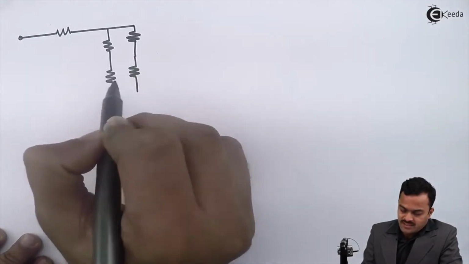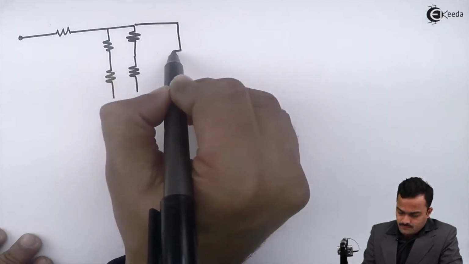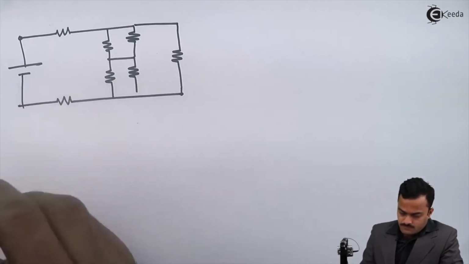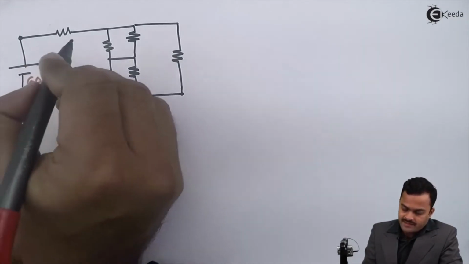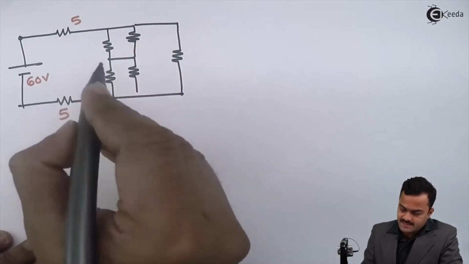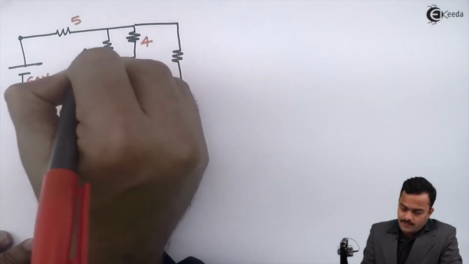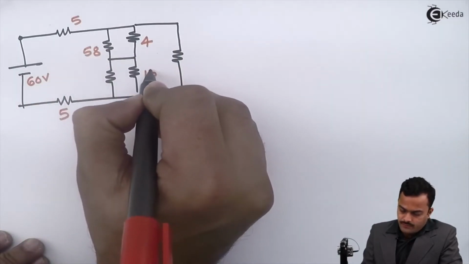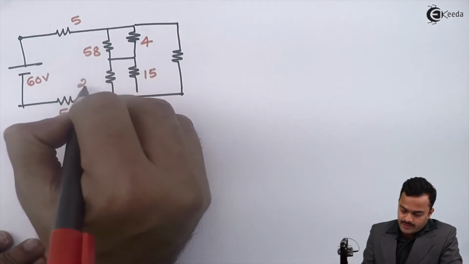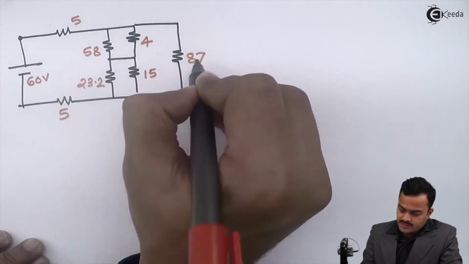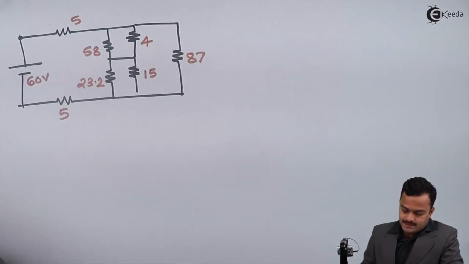So I am redrawing the circuit. 60 volt battery, 5 ohm as it is, 4 coming in parallel with 58, 15 coming in parallel with 23.2, and this 87 ohm is the third resistor for the delta.